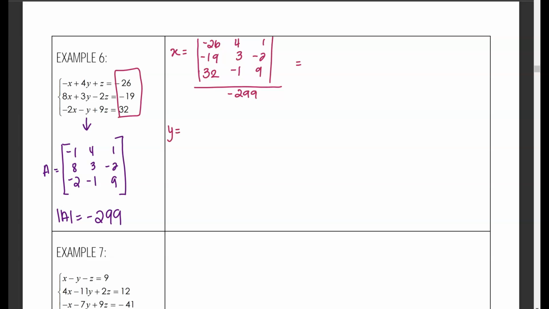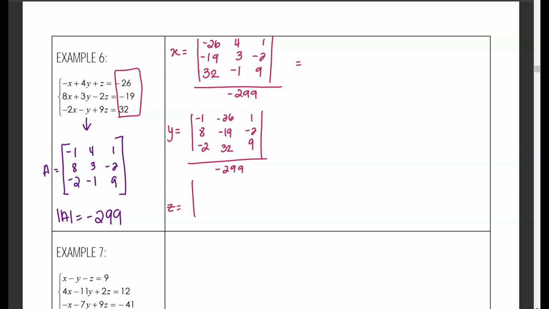Let's look at y. And y, I'm going to copy everything down that's x and the z column. Now we're going to write the solution down in the y column. We're going to go ahead and divide this by negative 299. And lastly, we have z.